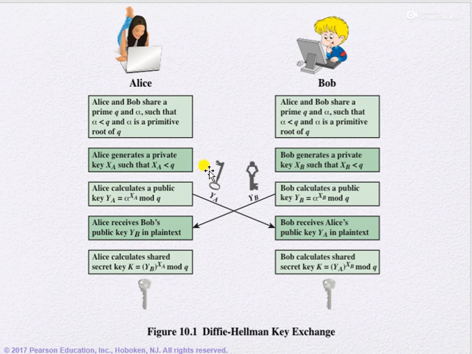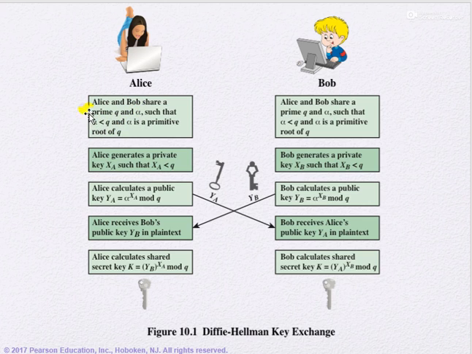These are the overall messages exchanged between two parties when they want to share a key through the Diffie-Hellman protocol. If, like, Alice and Bob want to share a key with each other using Diffie-Hellman, first of all Alice and Bob have to share a prime number q and another number called alpha, which needs to satisfy two properties.